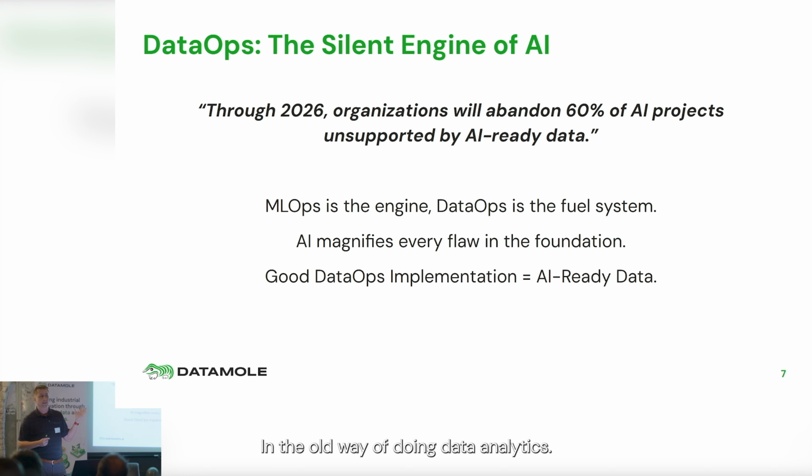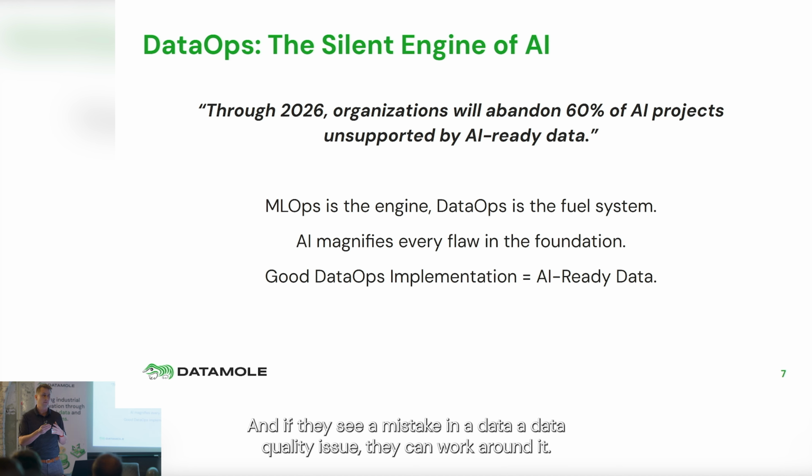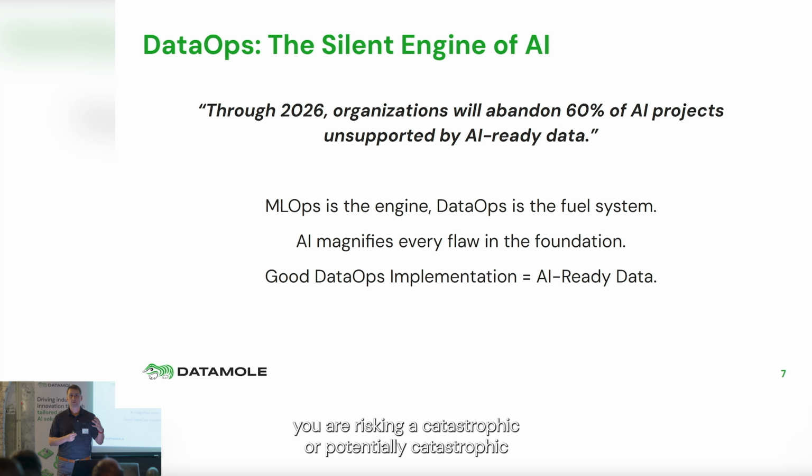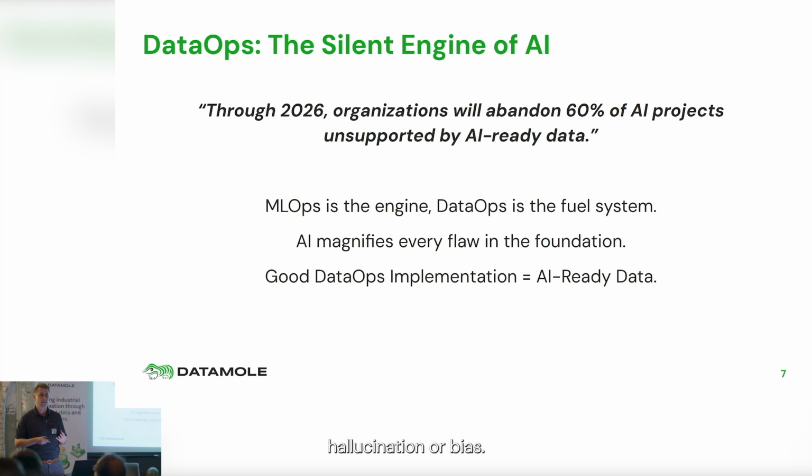In the old way of doing data analytics, you would have a human data analyst doing the report, doing the dashboard, and if they see a mistake in the data, a data quality issue, they can work around it, they can fix it, and create a dashboard. But if you feed such data to an autonomous AI agent, if you feed it into some RAG system, you are risking a potentially catastrophic hallucination or bias.